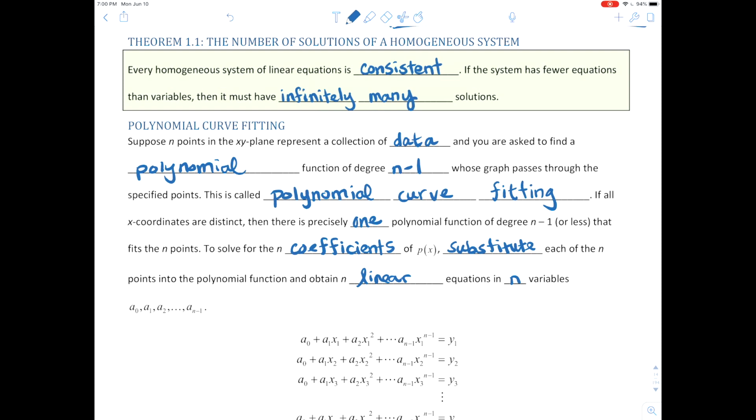So polynomials always allow for the constant term, right? So that's why you go to n minus 1. That's why the degree of the polynomial function is n minus 1, but you still have n variables. Cool?